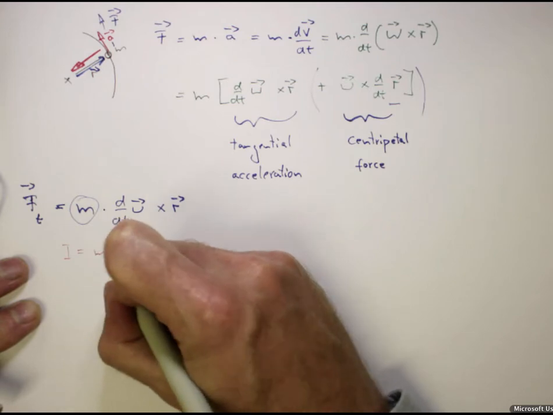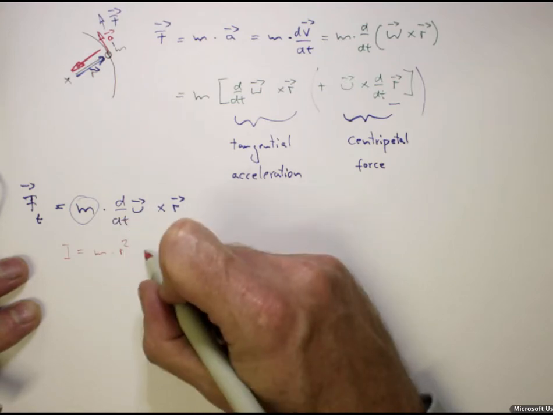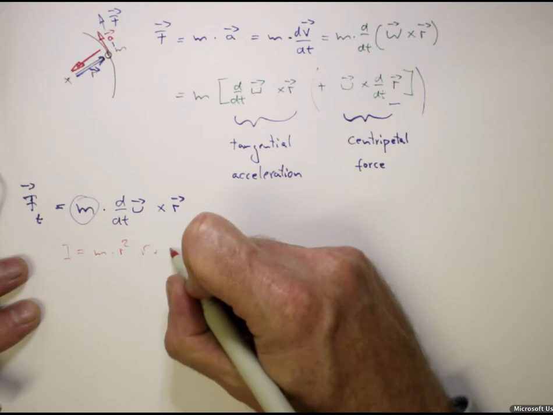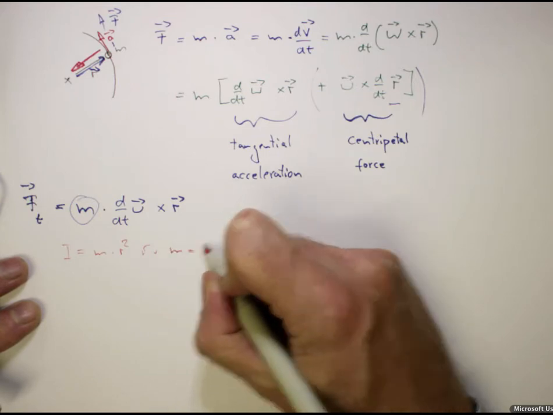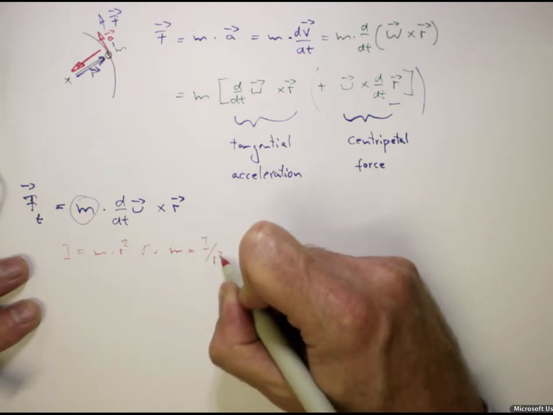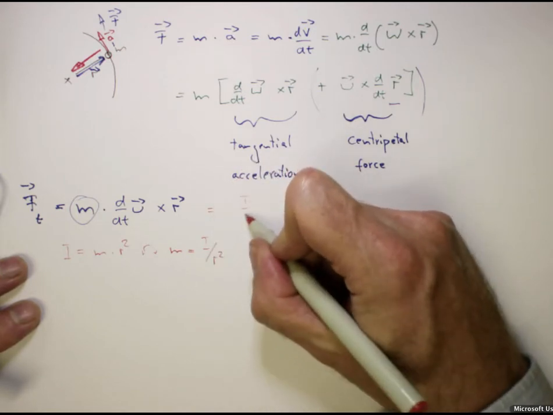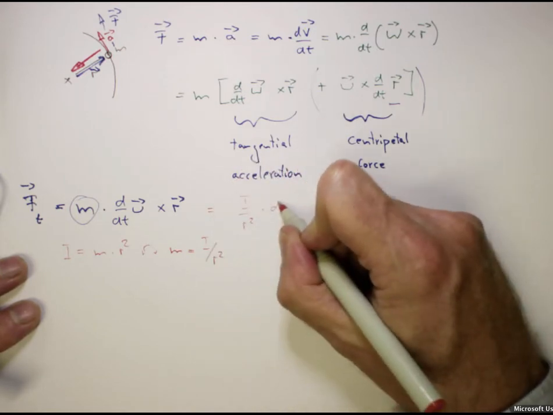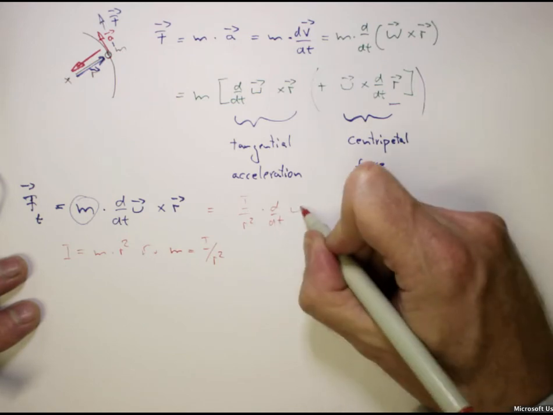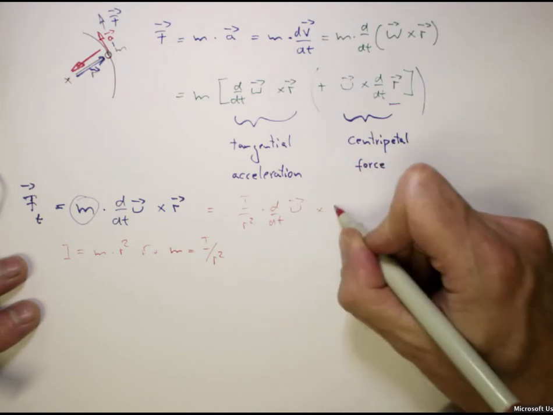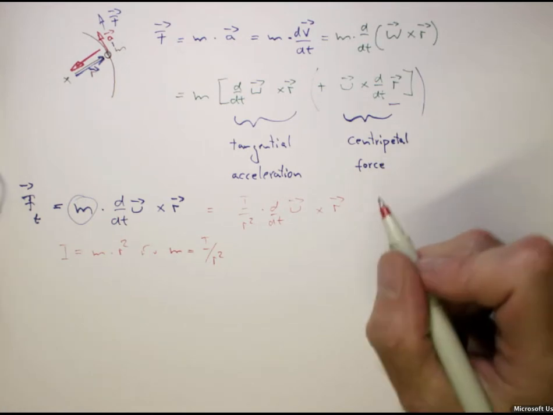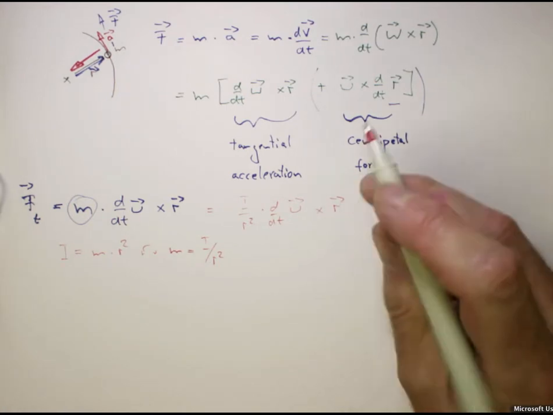In general, we have I, rotational moment of inertia, as m times r squared, which can be rearranged to give m is equal to I divided by r squared. If we substitute, we find I divided by r squared times the time differential of omega cross product with the radius vector.